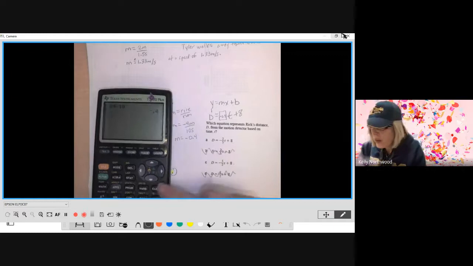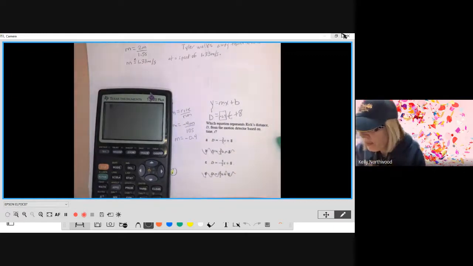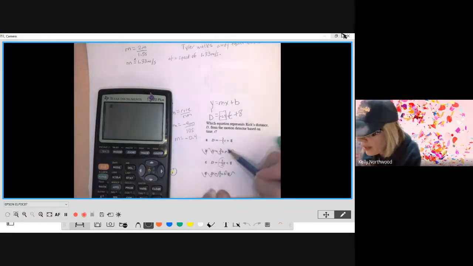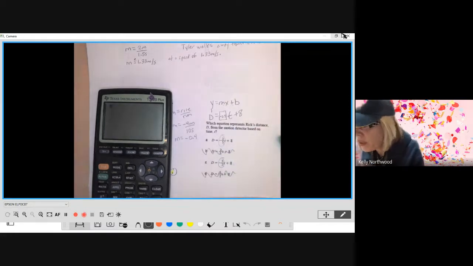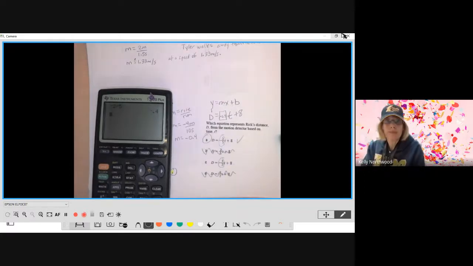So then I want to know, is negative 2 over 5 negative 0.4? Or is negative 5 over 2 negative 0.4? You can test them each out and see which one matches negative 0.4. So I'm going to try this one first. Negative 2 divided by 5 does give me negative 0.4, so it's that one.